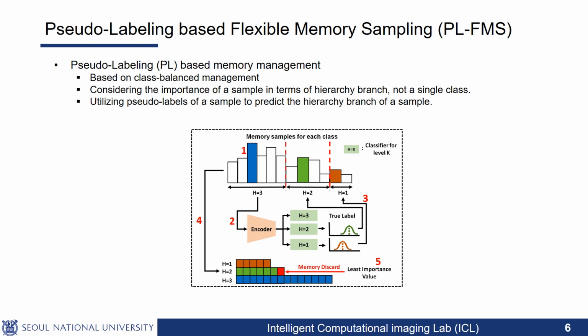Therefore, it would be more informative to consider the hierarchy branch, not a single class. To achieve this, we predict the hierarchy branch by using the pseudo-labels of selected samples. Then we additionally consider the samples whose predicted classes are from the branch of the major class as the candidates to be removed. After aggregating the candidates, we use the lowest importance value to remove a sample.